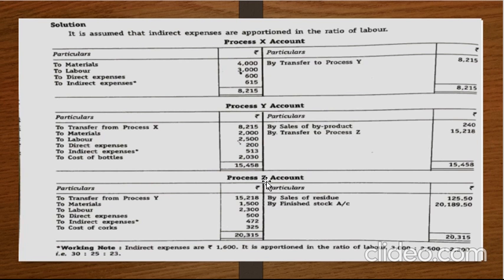So now we will prepare the process Z account. Process Z account, you have inputs and outputs. So let us look into the input. The first input will be the amount which you are receiving from process Y. So how much is it being transferred from process Y to Z? 15,218. So to transfer from process Y, 15,218. Next, other expenses to be recorded.